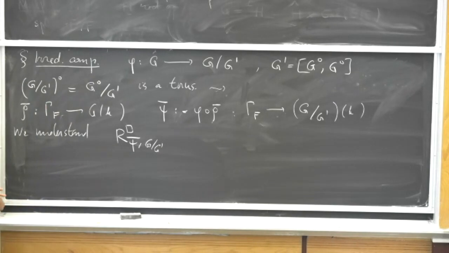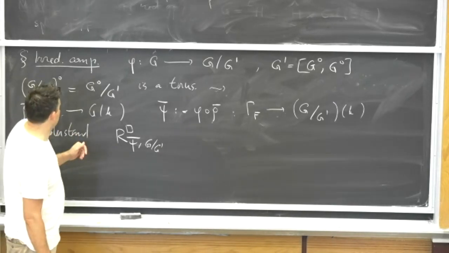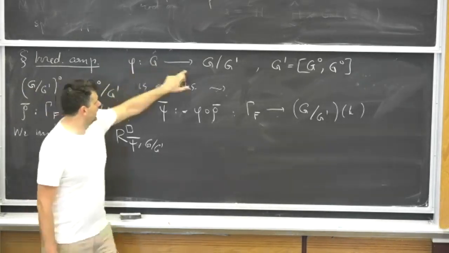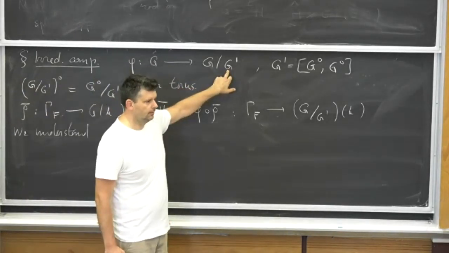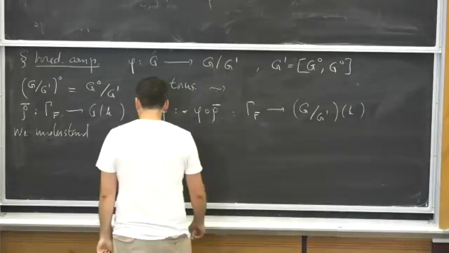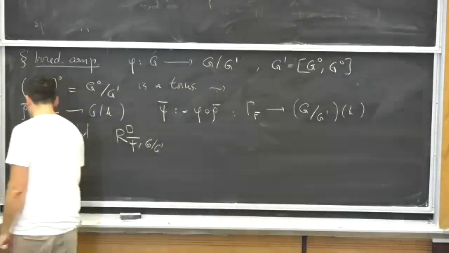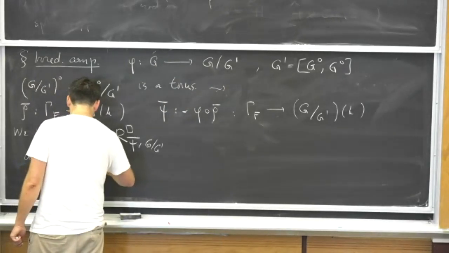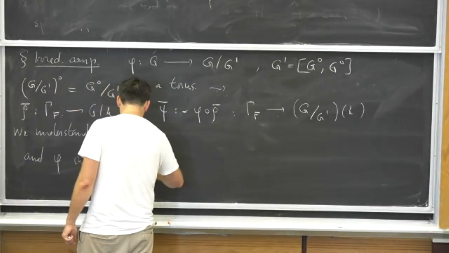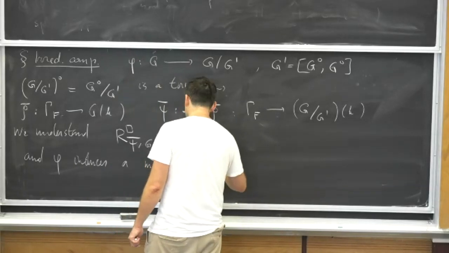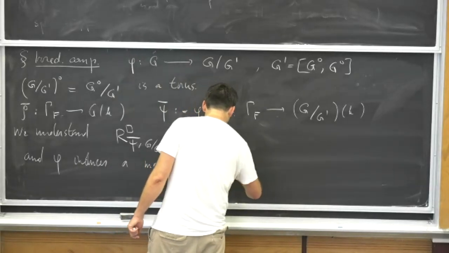And once I have the deformation of rho bar to G, I can just mod out by this G prime and get a map between deformation problems. So phi induces a map.